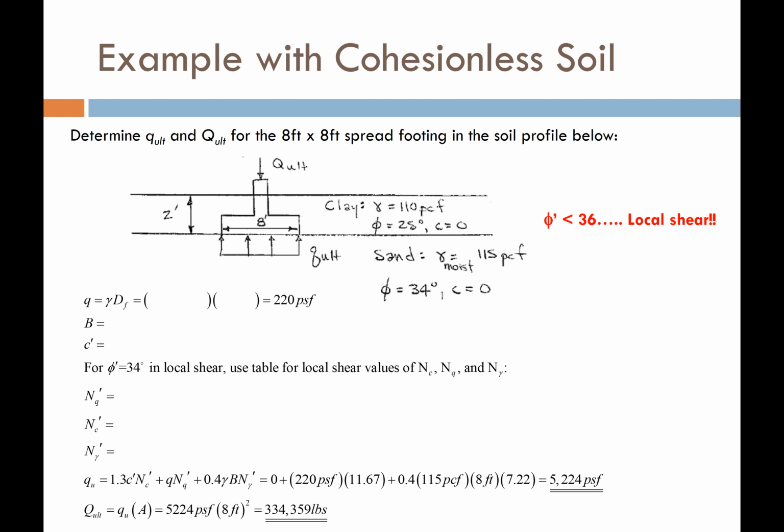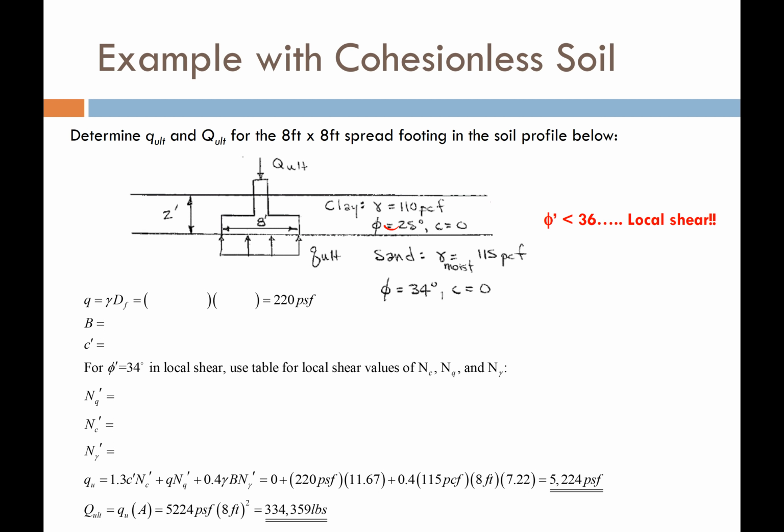What we're going to do is go ahead and compute a couple of things that we're going to need for our bearing capacity equation. First, let's compute the surcharge from this clay that is our overburden, basically the soil above the bottom of our footing.